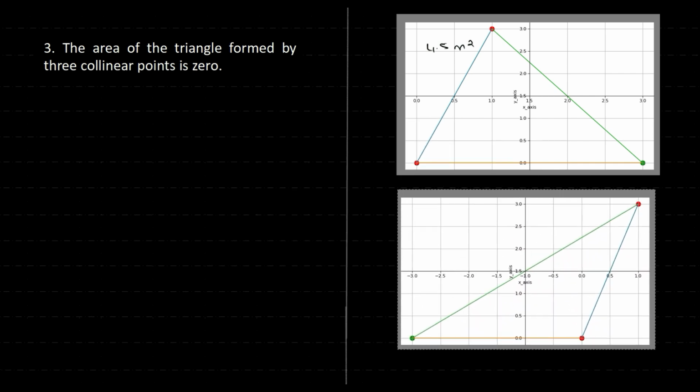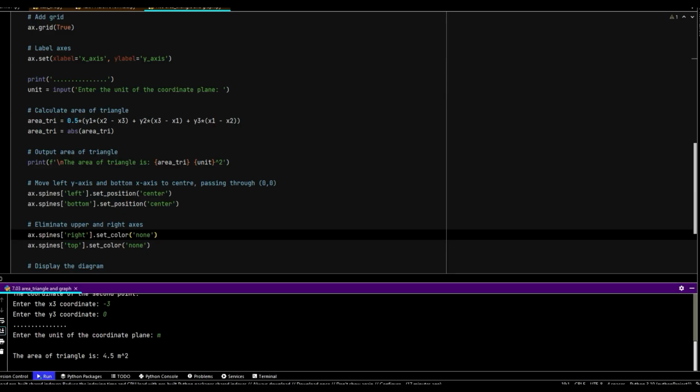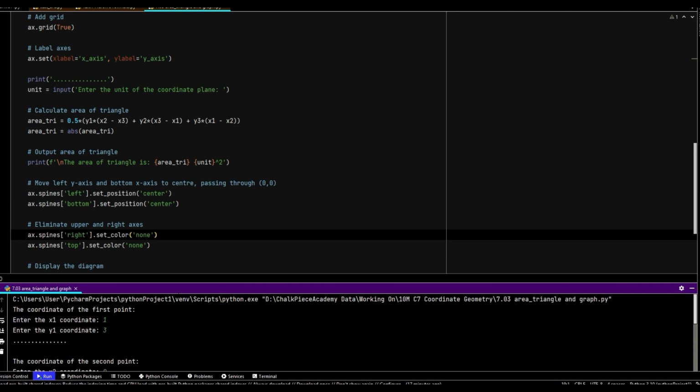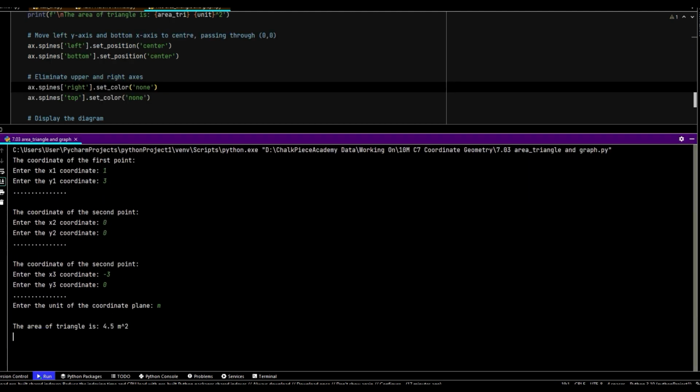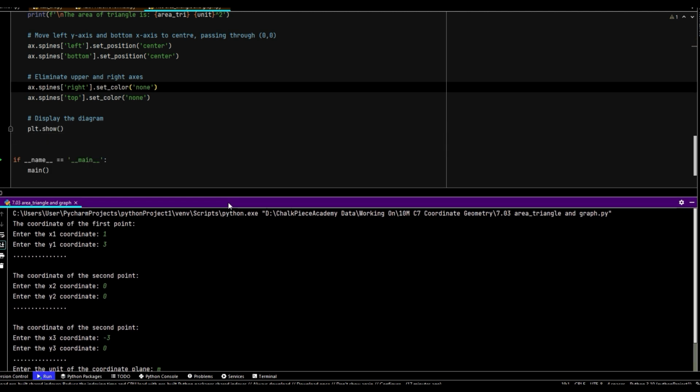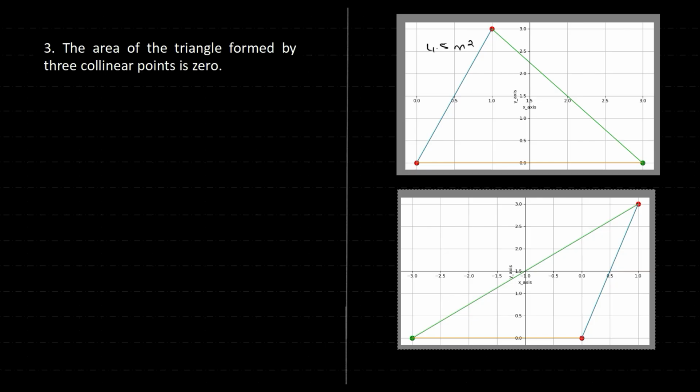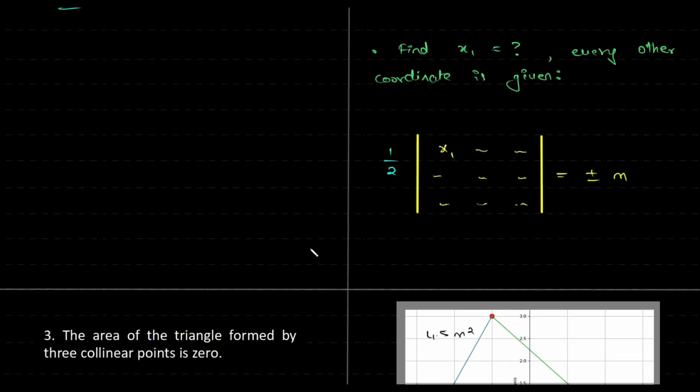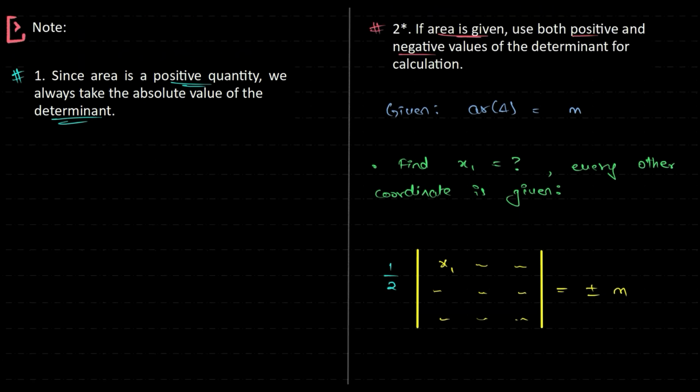Can you see that? The area is 4.5 meter square, and in the previous one too, 4.5 meter square. So basically we are changing a coordinate. Anyways, it doesn't matter. You guys got it, right? In this particular scenario, we will get two different answers.